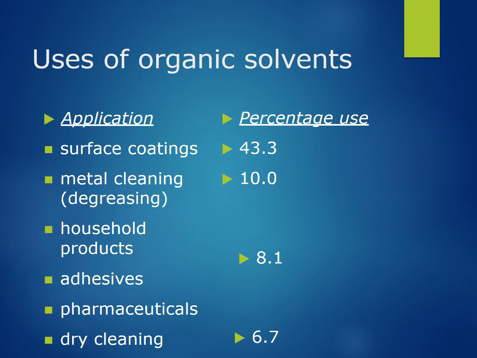Degreasing of metal in metal parts cleaners, such as the ones that we've just seen, accounts for about 10%. We spoke about household products, that's about 8%, which includes some adhesives, pharmaceuticals, and then lastly, dry cleaning, which accounts for about 7% of solvent use in the United States.